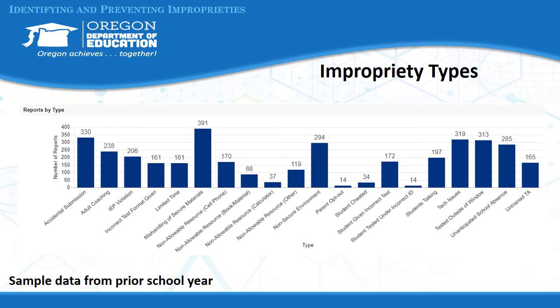If non-allowable resources were a single category, they would rate among the top 5 common impropriety categories. Please work with your staff to decrease these inappropriate practices. ODE, for our part, continues to work on decreasing those that are a result from technology challenges.